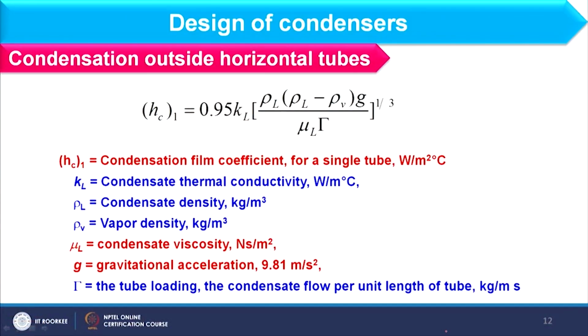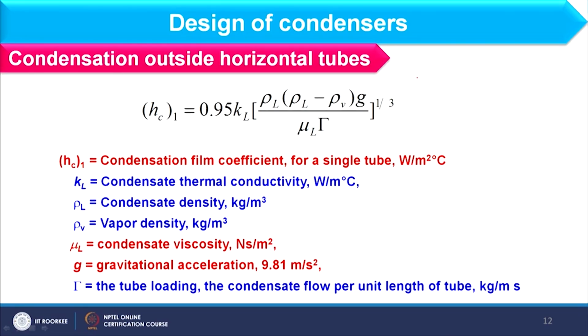Wherever I am finding a change, only that point I am considering here, okay, and that should be wherever condensation is occurring. So, first of all let me focus on the condensation when it is occurring outside the horizontal tube, right. So, placement is horizontal and condensation is on the shell side, fine.